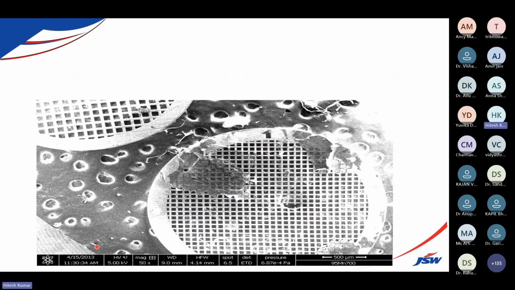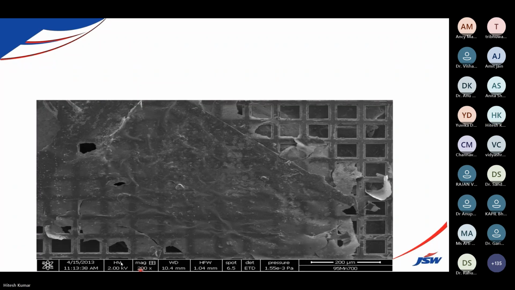But when I change the voltage from 5 kV to 2 kV, you are able to see a fine layer, a thin film was there. But what about the surface morphology of the thin layer? Till now, we are not able to see it. So we need to resolve this, or we need to change the voltage a bit to the lower side.